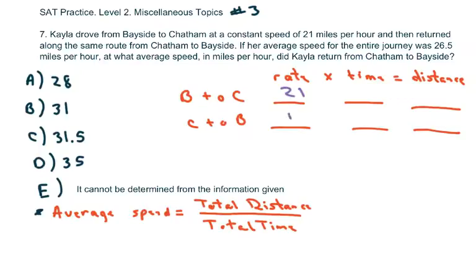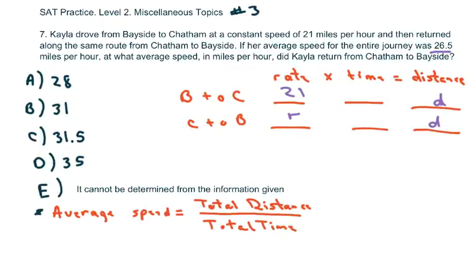We're going to call this the rate and the distance D. Now, notice that now is not the time to do much with the 26.5. So we don't need to do that right now.